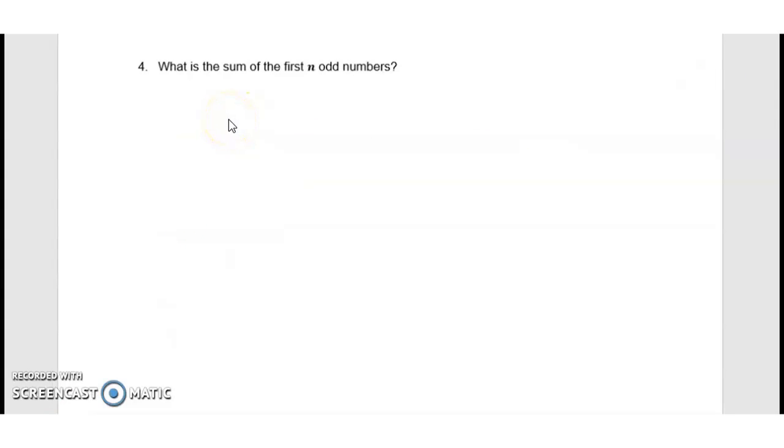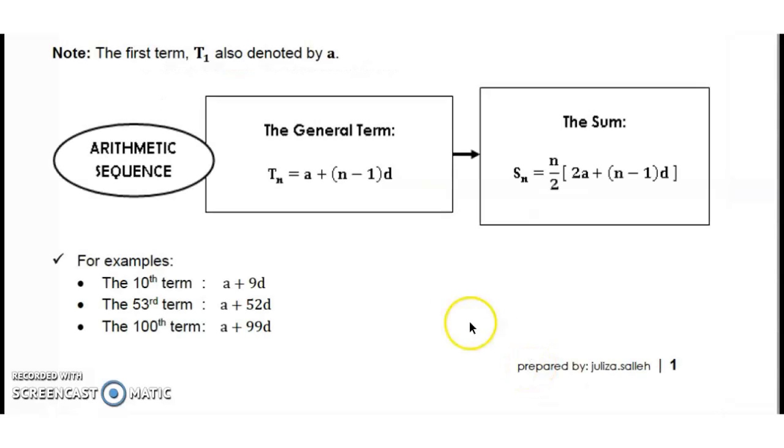Okay, now look at number 4. What is the sum of the first n odd numbers? Okay, now sum. Before this we learned about the term. Now about the sum, the series. If you look at the sum formula for an arithmetic sequence, this is the general term.